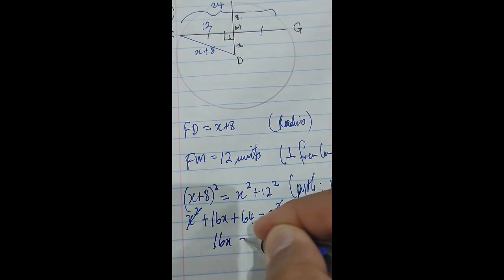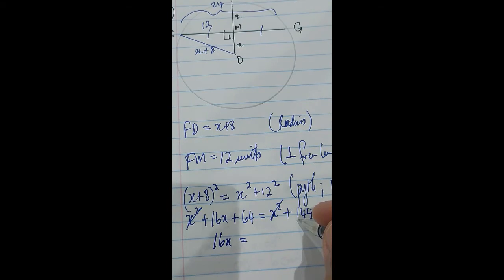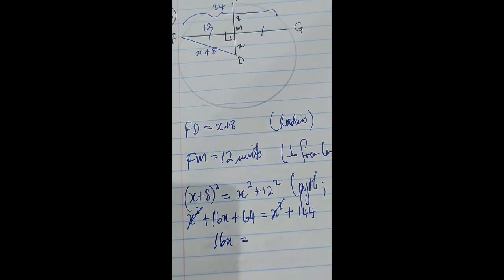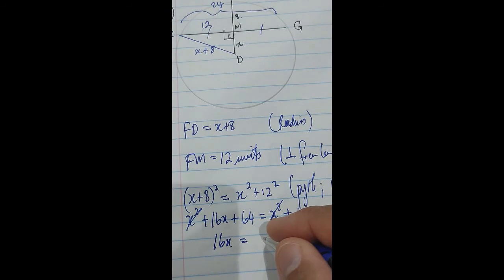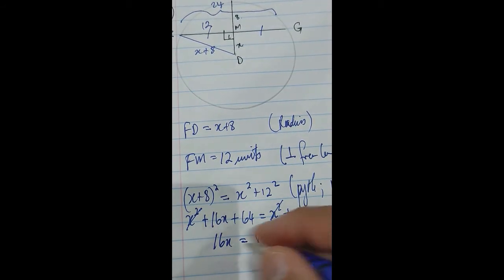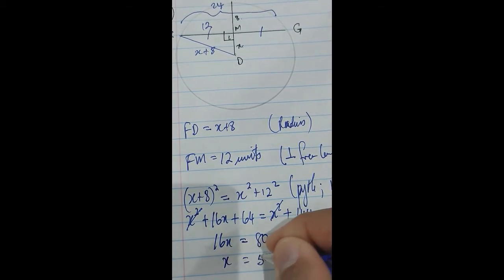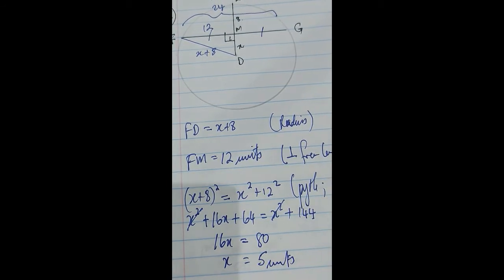So 16x is equal to 144 minus 64, which is 80. So I divide by 16, which gives you an answer of 5 units. So x is basically 5 units.